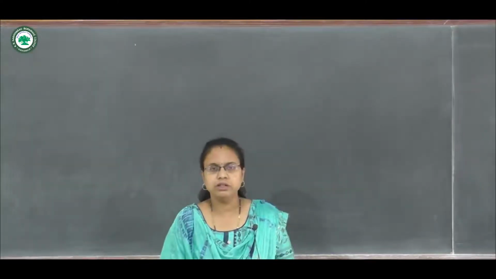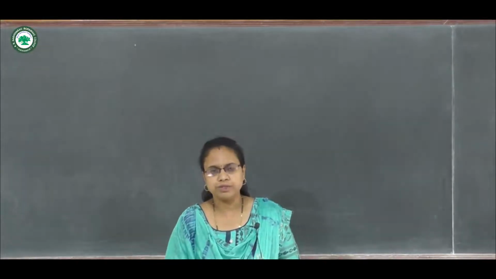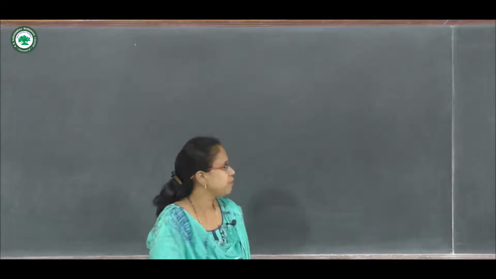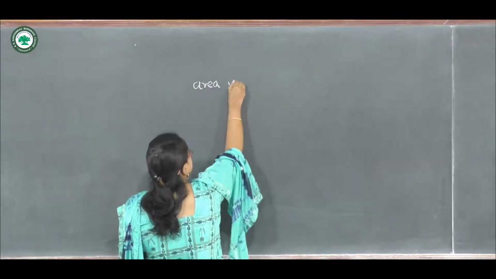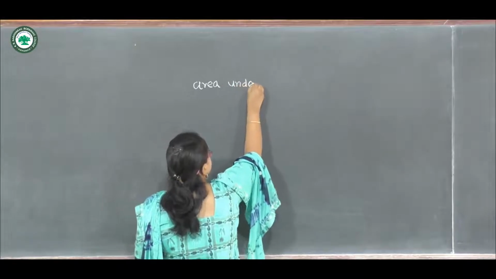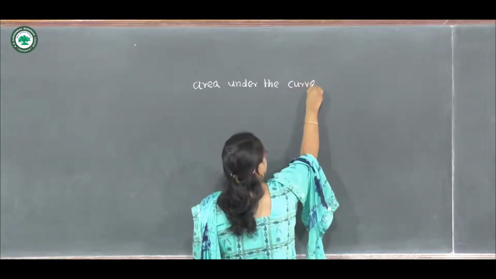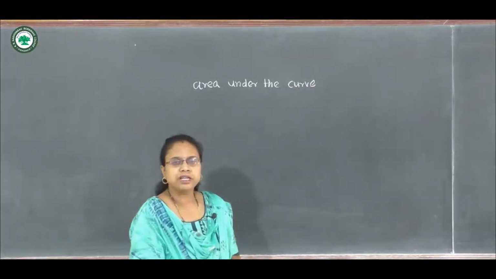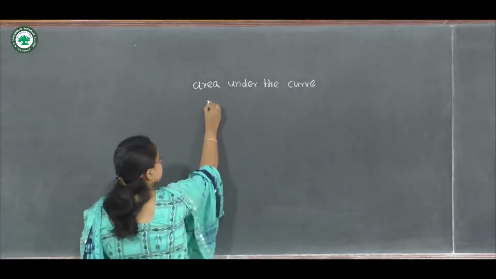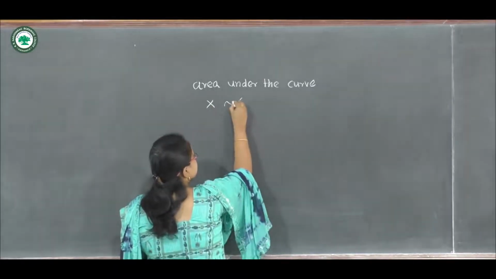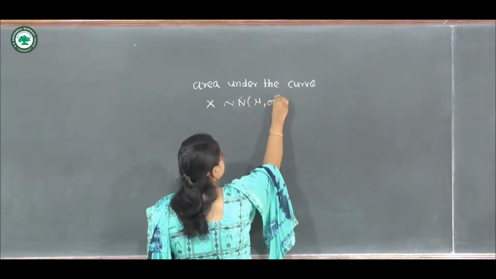Hello everyone. Today we will see how to calculate probabilities of normal distribution. So the first point is area under the curve. Suppose we are given that x is a continuous random variable having normal distribution with parameters mu and sigma square.